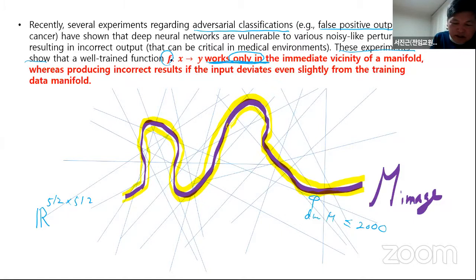So deep learning only works in the immediate vicinity of the manifold, where the input data is. If the input is here, or in fact at this junction part, then you get the wrong result. If the input deviates even slightly from the training data manifold, it produces an incorrect result. That is the problem. So there are a lot of issues in deep learning.